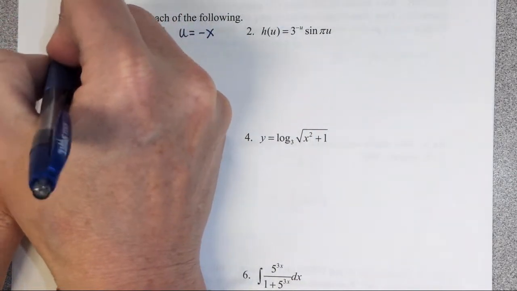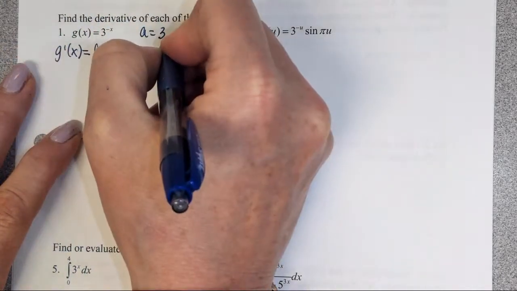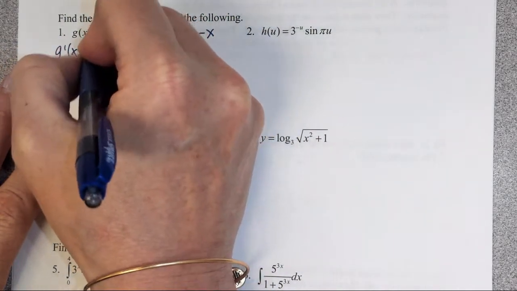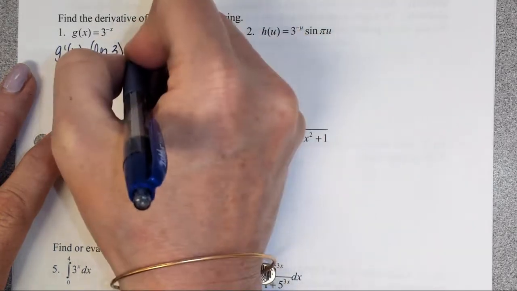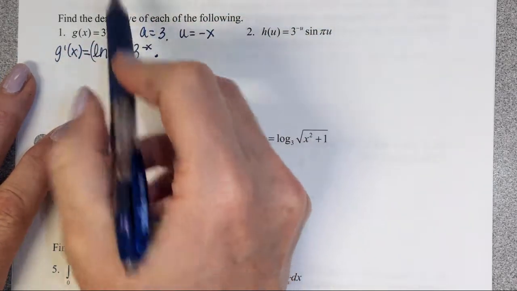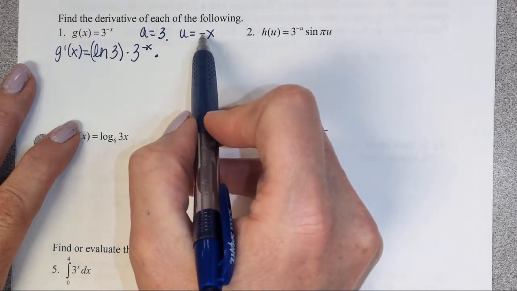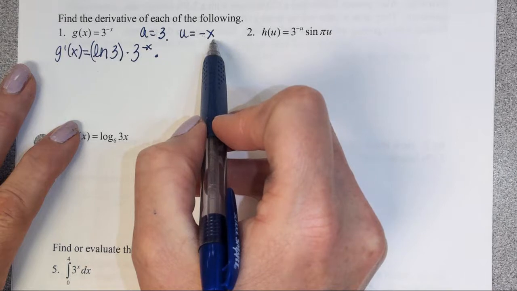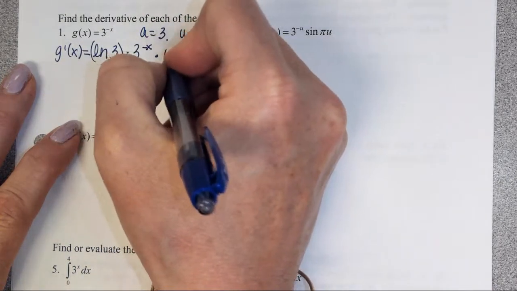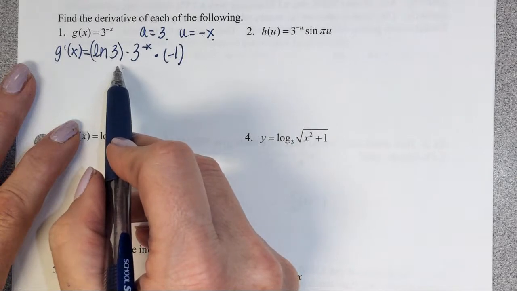And so now we're going to take the derivative. So this derivative then is going to be the natural log of a times a to the u times u prime. What is u prime? What's the derivative of negative x? Negative 1. And so this is what we get for our derivative.